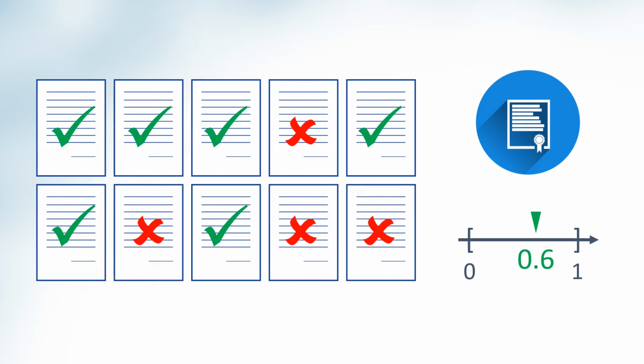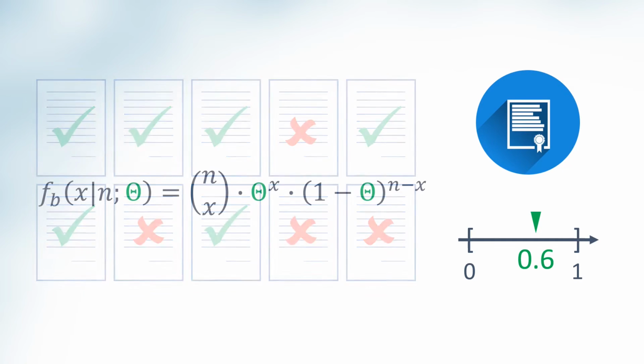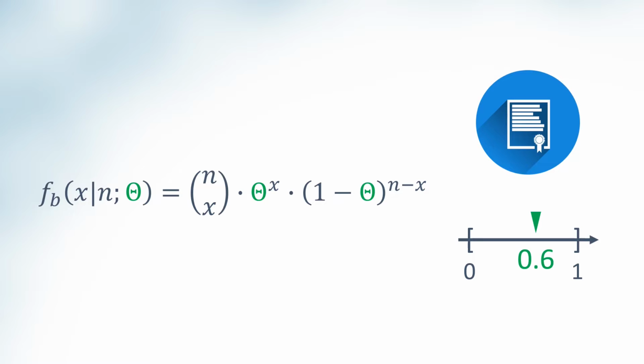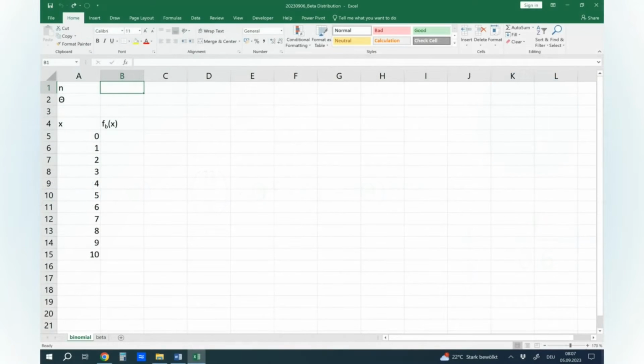We could use that value and the binomial distribution and calculate, for example, how likely it is that such a partner out of 10 proposals would accept 0, 1, 2, and so on up to 10 proposals. Let's do that real quick. So, n is 10 and theta is 0.6.